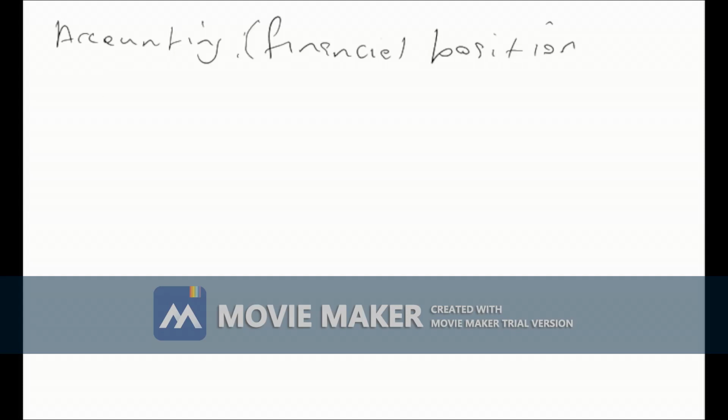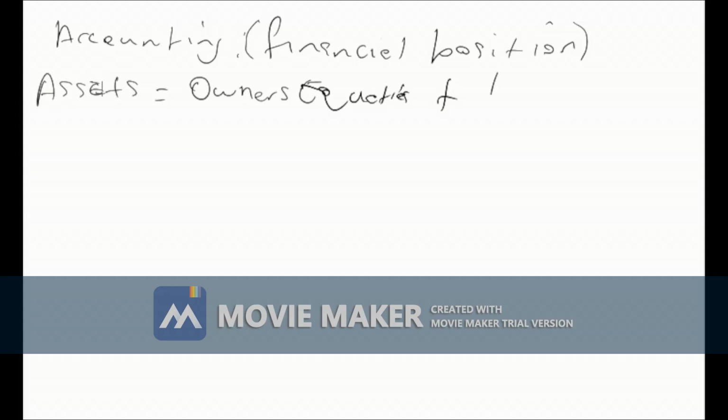Financial position is whereby we are studying about the assets of the business, which equal owner's equity plus liabilities. This is the accounting equation for financial position.